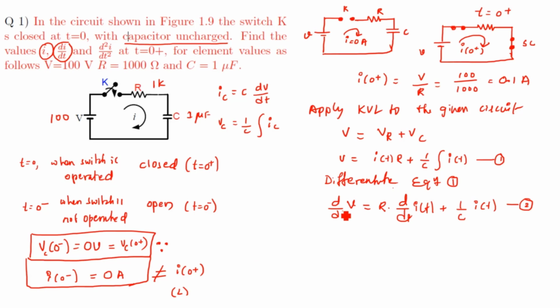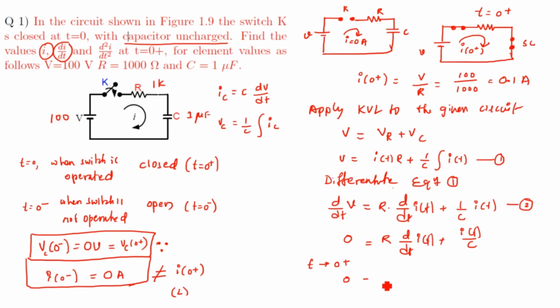Alright. So d by dt of V, the differentiation of voltage, what is that voltage? It is 100. The differentiation of a constant is 0. That is equal to R d by dt of I of t plus I of t divided by C. In this case, replace t by 0 plus. Wherever you find a t, replace it by 0 plus.